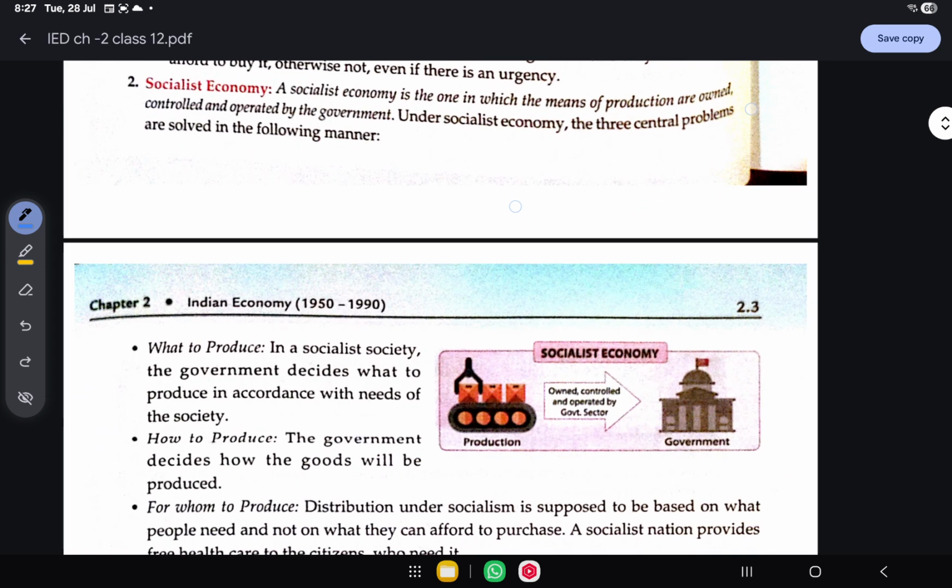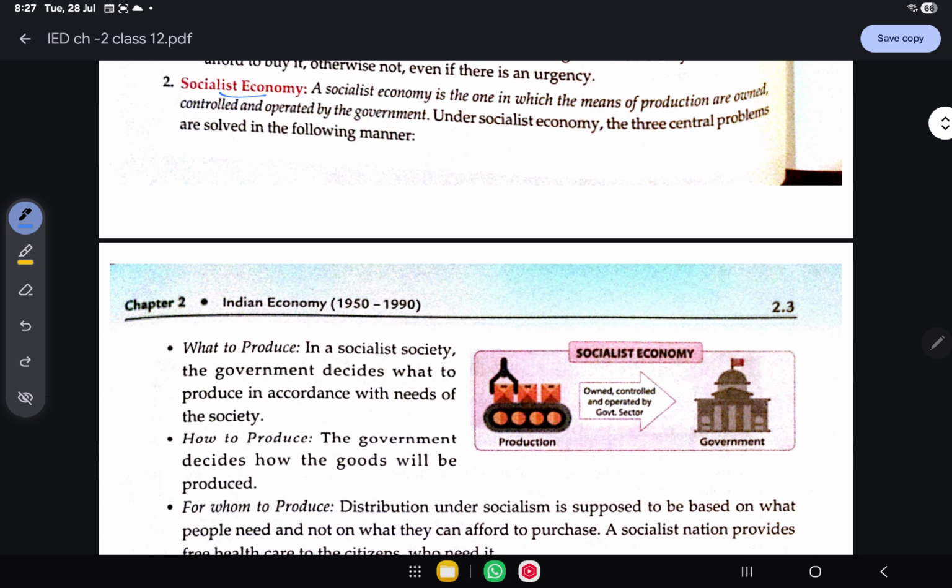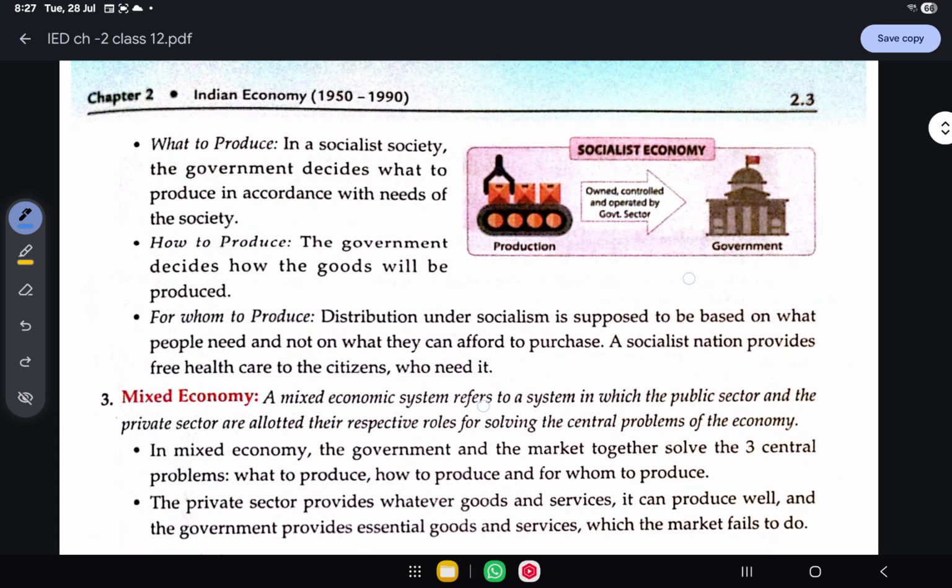Okay, and when it comes to the socialist economy, in a socialist economy production is owned, controlled and operated by the government. By whom? By the government. Now let's see how those three central problems are solved under the socialist economy.